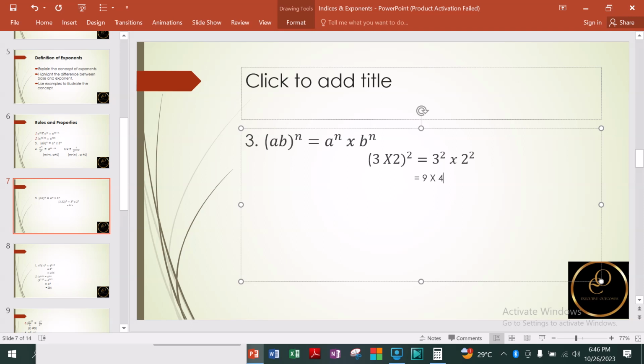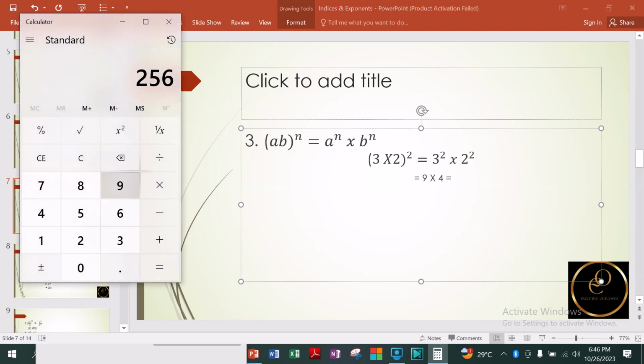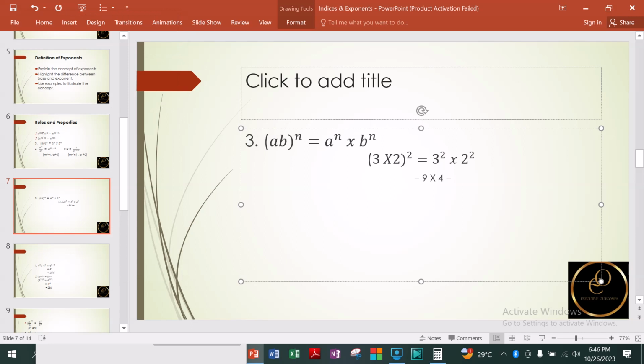Okay, so if you work out that one, you can use a calculator. 9 times 4 will give you 36. So that's what you get there, 36.